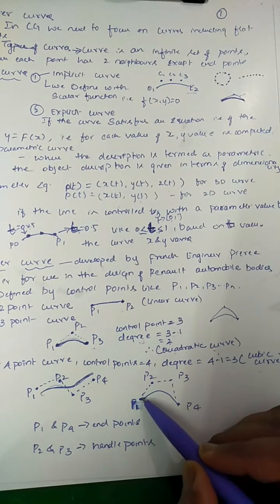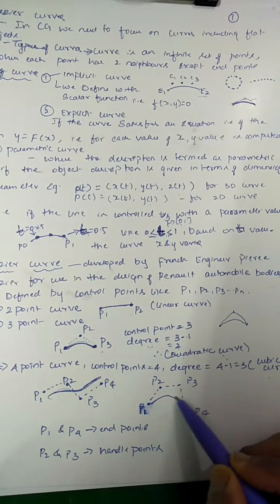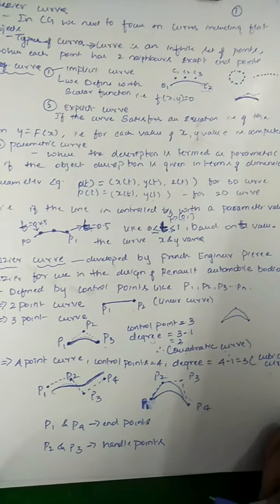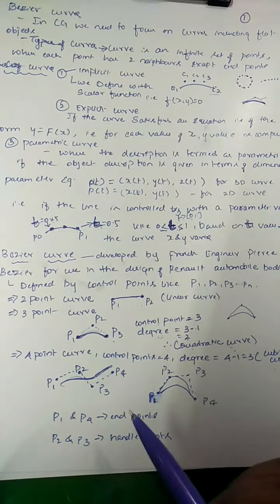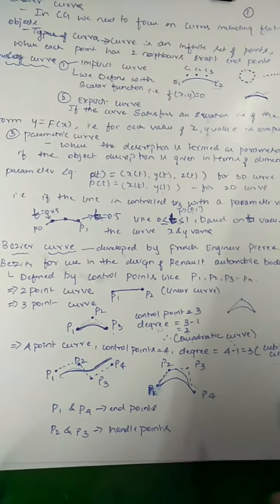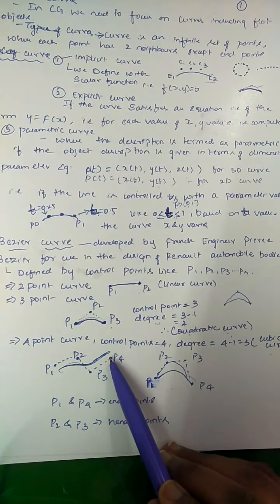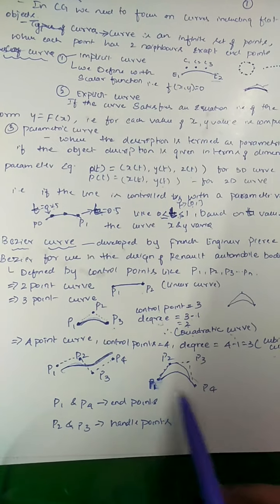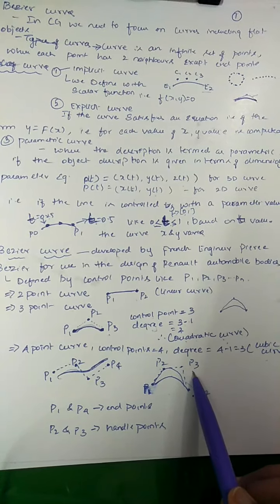If I place the control points in this fashion, P1, P2, P3, P4, I'll get the curve like this, or else I may get the curve like this. So it purely depends on the control point positions. The curve shape also changes. Here I can call P1 and P4 the end control points or the end points, and P2 and P3 are the handle points.